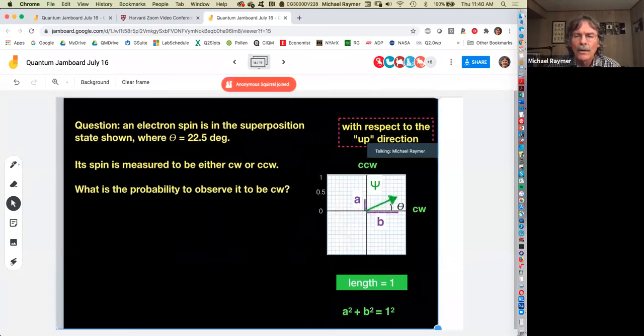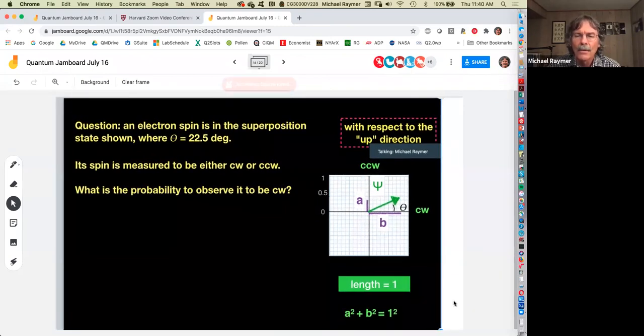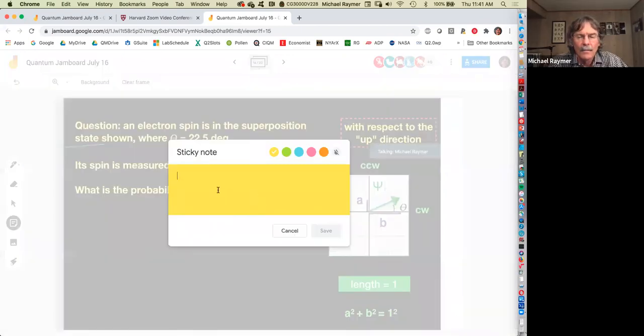I just made it larger so you can actually count the boxes if you want. And you can still put notes on top of this page here.